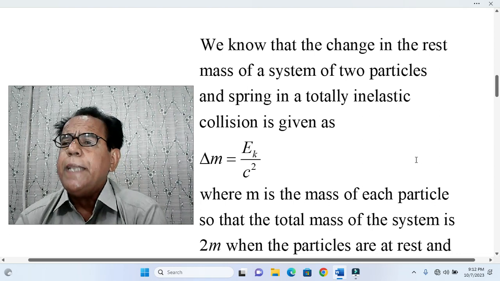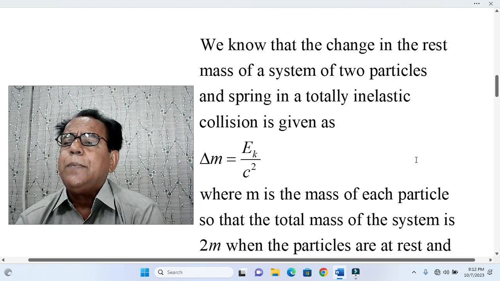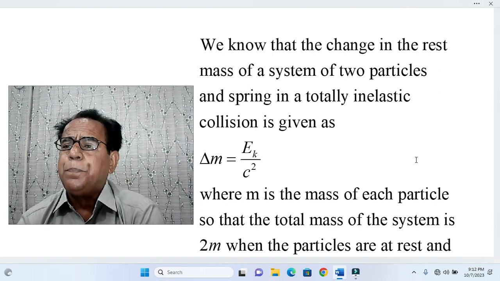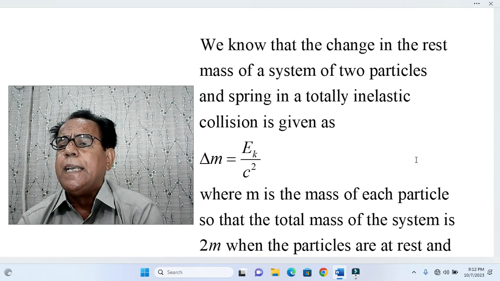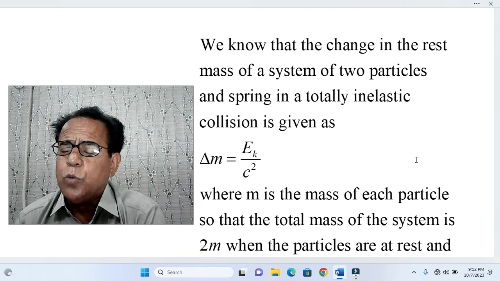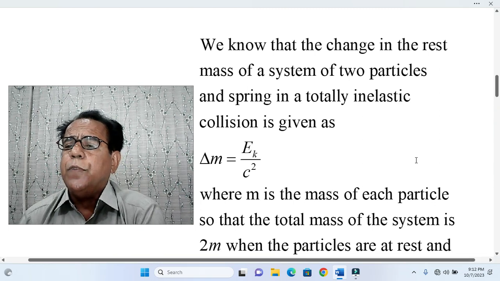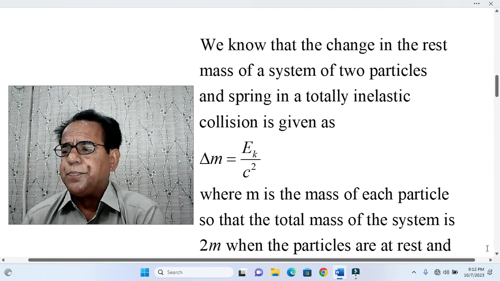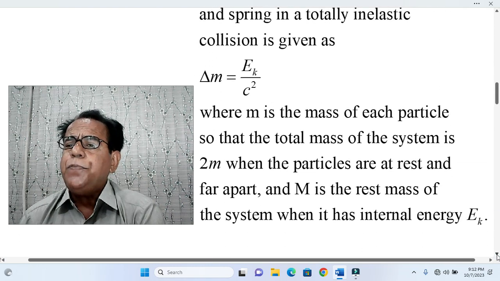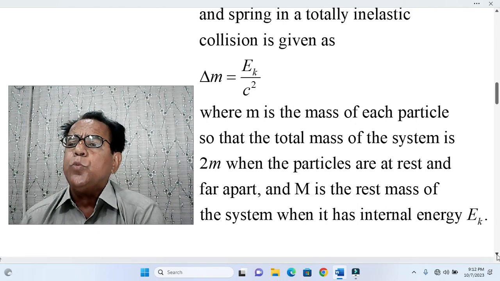We know that the change in the rest mass of a system of two particles and spring in a totally inelastic collision is given by delta m is equal to Ek over c square, where m is the mass of each particle, so that the total mass of the system is 2m.